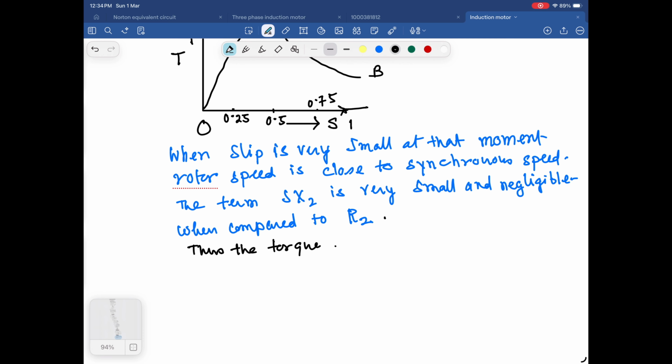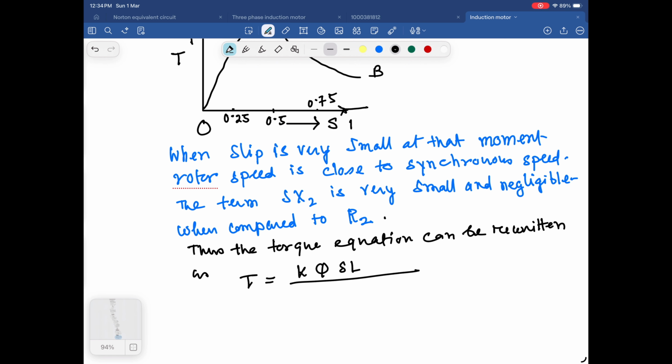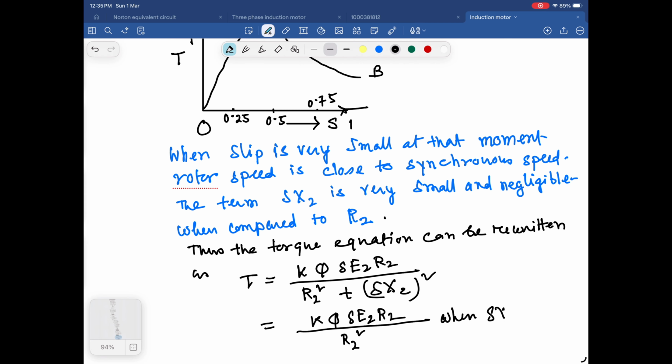So we can rewrite the torque equation. Here we can neglect the S X2 portion, as it is very small.